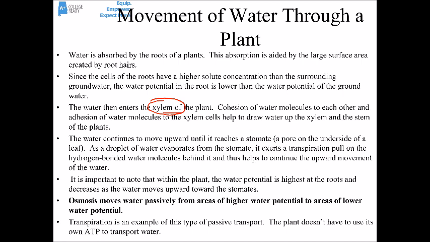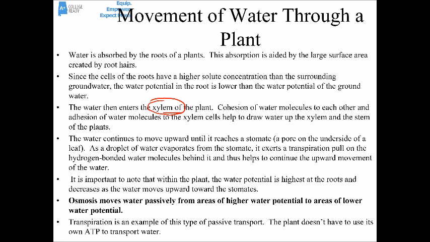There, the liquid water evaporates from the stomate. But since the water is connected in chains by hydrogen bonds, when one water molecule leaves as water vapor, it pulls up a drop of liquid water behind it. And this helps to continue the upward movement of the water.